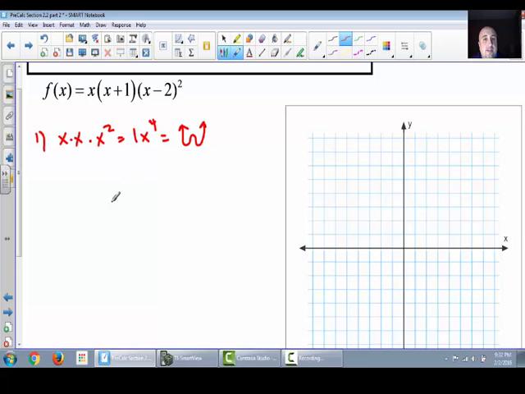Step 2 is to find the zeros. So you take what you have here. When x is by itself, that equals 0. x plus 1 will be x equals -1, and x minus 2 will be x equals 2. You take the opposite signs, and when x is by itself, you use 0 as your zero.